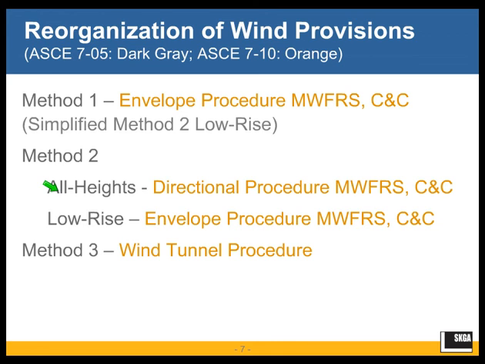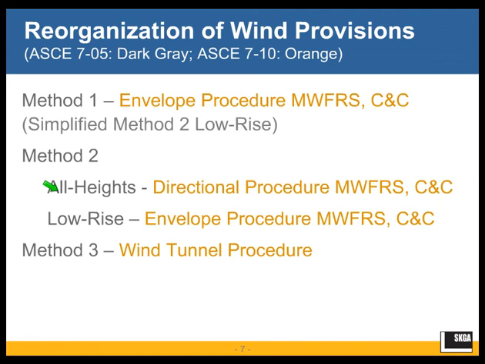Under Method 2, analytical procedure, we have a general analytical procedure, also called the all heights method, applicable to buildings of all heights. And then we have a low-rise analytical procedure applicable to buildings having mean roof height not exceeding 60 feet.